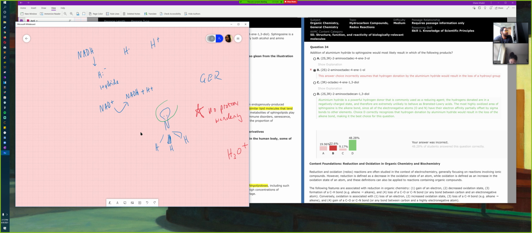So that hydride part is important, because it always comes down to electrons. This guy gains electrons. It seems like it's gaining a proton, but that's just a hydride.